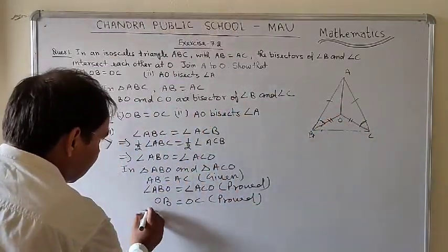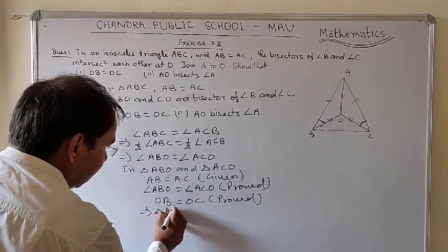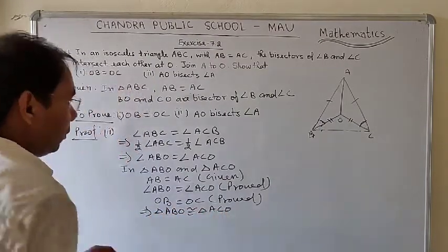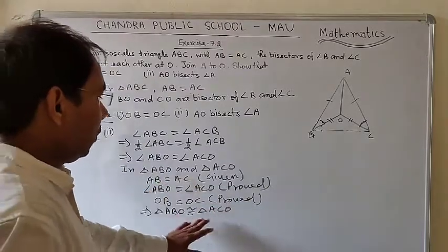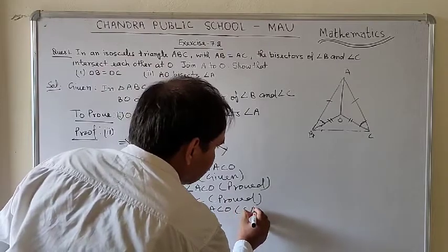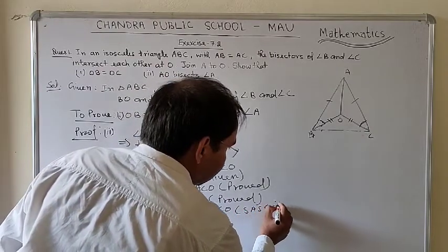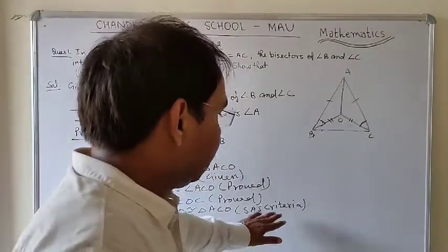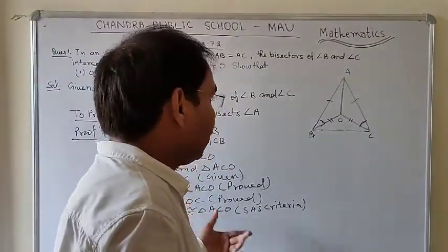So triangle ABO is congruent to triangle ACO. Which criterion is used here? SAS criterion. By SAS criterion, these two triangles are congruent.